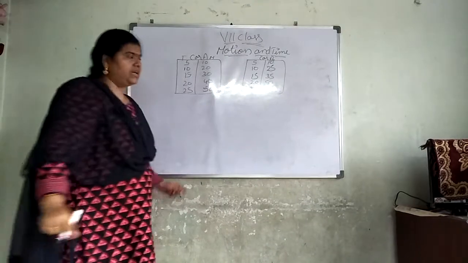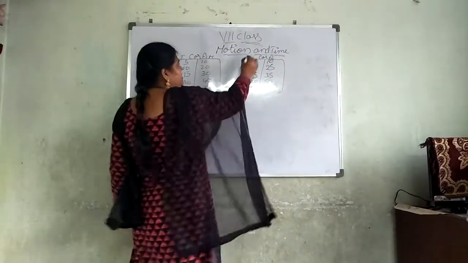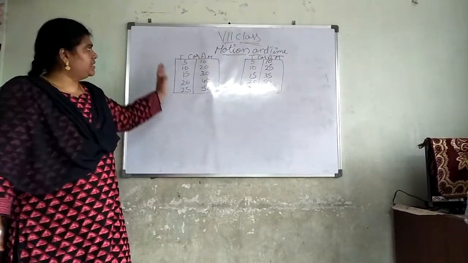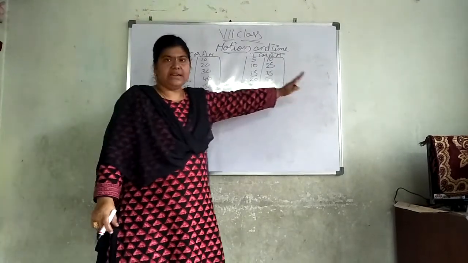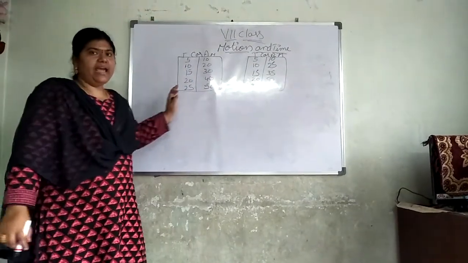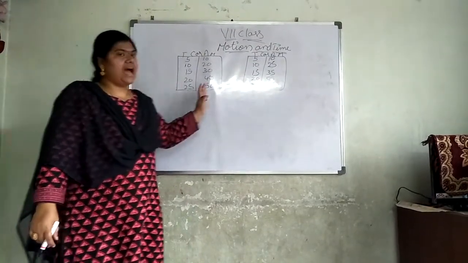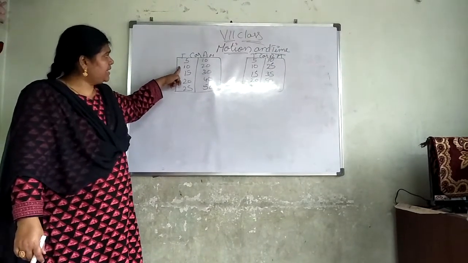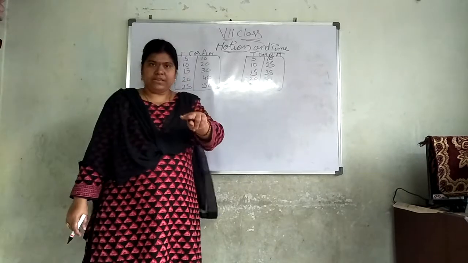You can see here, this is car A, this is car B. Here the time is given, here the distance the car travelled is given, in car A and in car B. In car A, every 5 minutes the car travelled 10 meters.